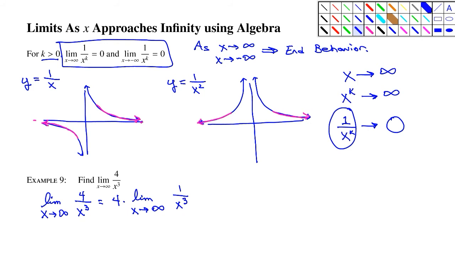Now this piece, we can apply my new rule in the box above, that says the limit as x goes to infinity of 1 over x to the k goes to 0. Well, the k here is 3. So this is equal to 4 times 0, and that's equal to 0. So this limit is 0. Multiplying it by 4 really didn't do much.